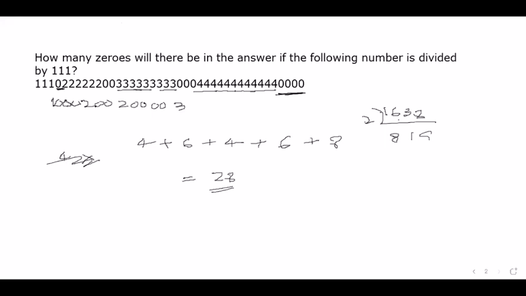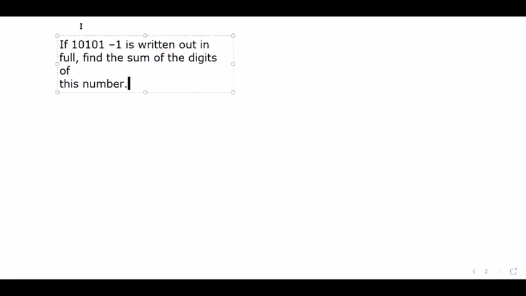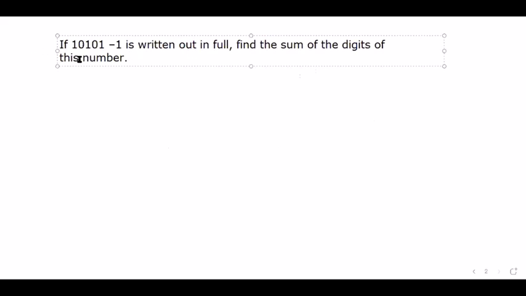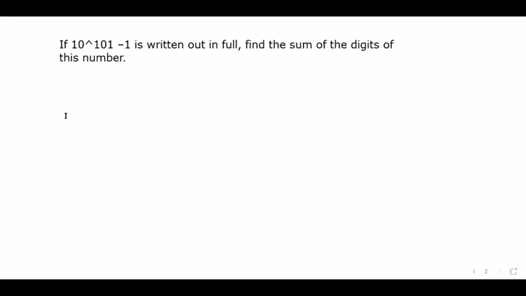So I'm going to clean this board and paste the next problem. Okay, the next problem is, this is actually 10 to the power of 101. The program does not allow that. So this is 10 to the power of 101.